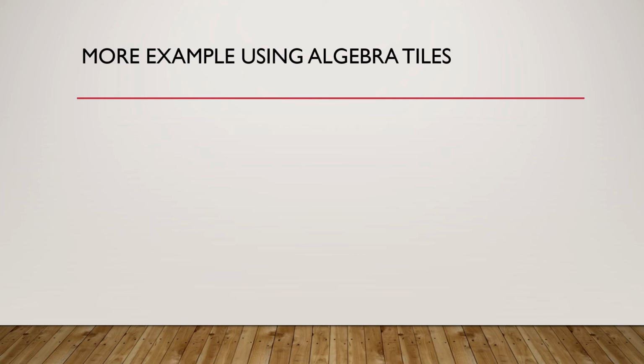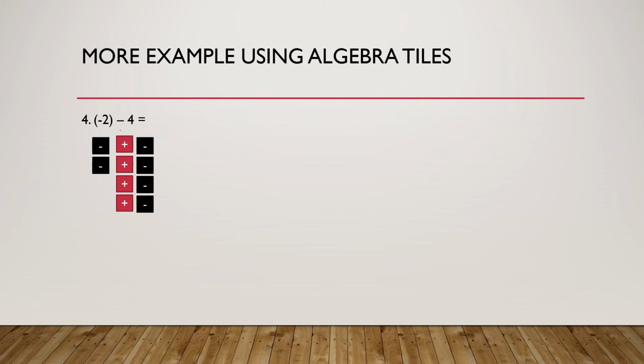More examples using algebra tiles. We have negative 2 minus 4. Let us start with 2 negative tiles and then add 4 zero pairs. These are our zero pairs.